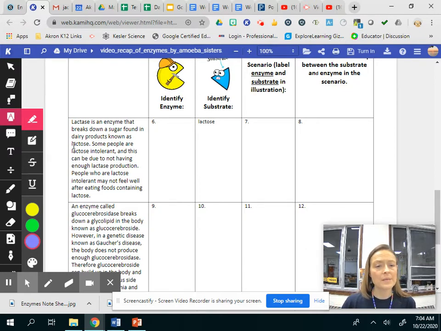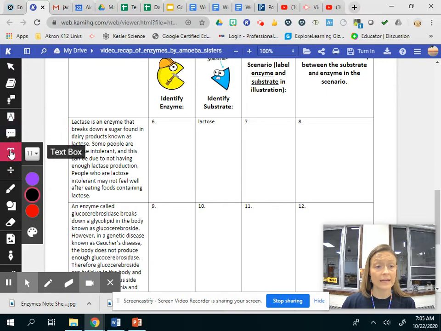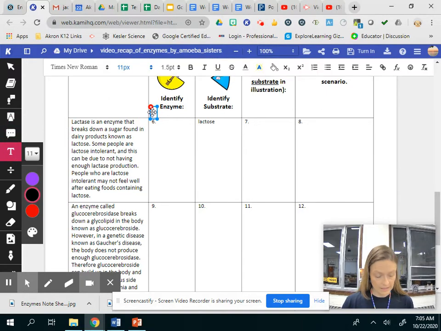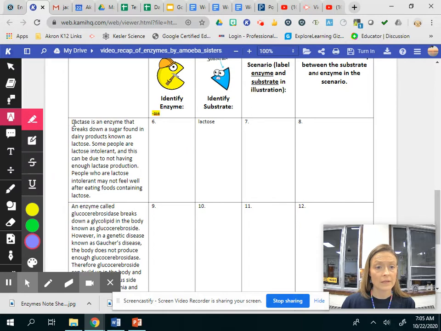So it says some people are lactose intolerant, and this can be due to not having enough lactase production. So people who are lactose intolerant may not feel well after eating foods containing lactose. So the enzyme, remember, if it has ASE in it, that's what we're looking for as far as the enzyme name. So we do have lactase right here.